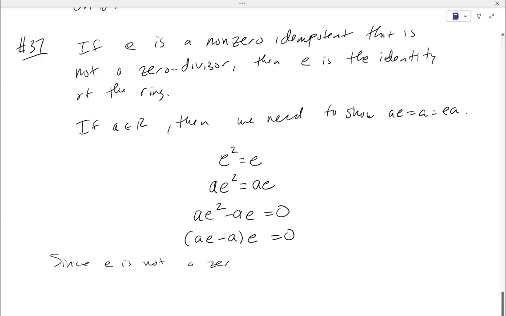The AE minus A. Good. Yeah, the AE minus A has to be 0. And then moving the A back to the other side, we get AE equals A.